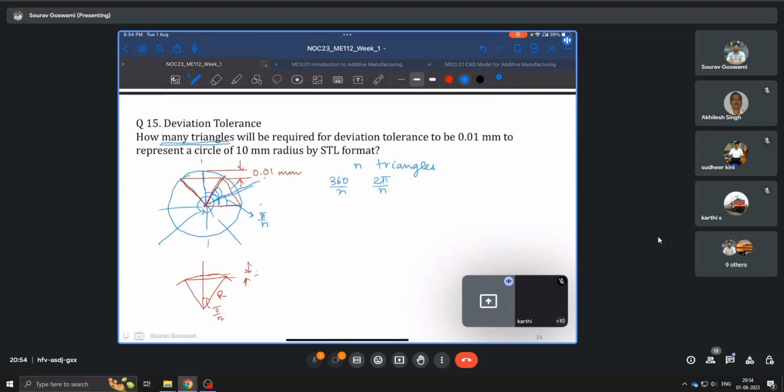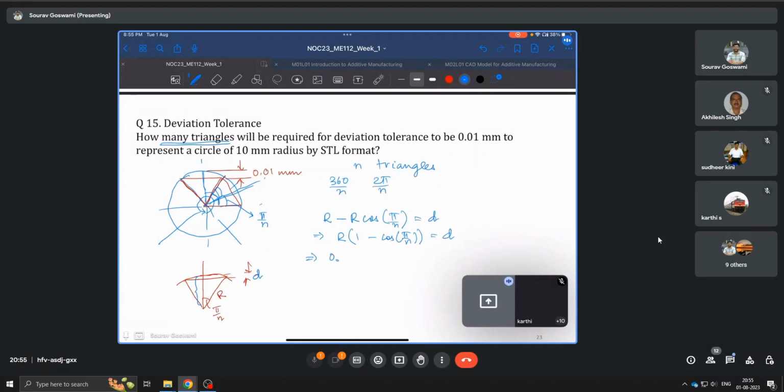So mathematically, this can be represented as we'll also find in the slides: this distance d is nothing but the radius minus the component of the neighboring radius, so r cos pi by n, or so you just collect terms and substitute values.